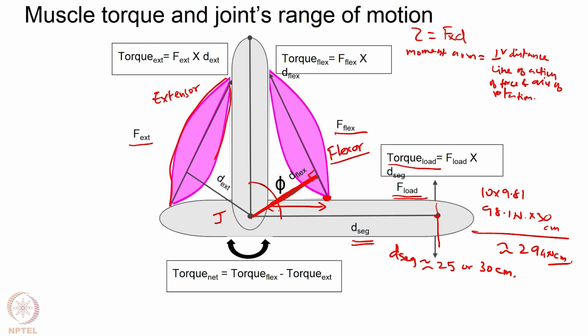That is one question that we will have to address in future classes, but for now we will assume that there is this d flex, and there is this d seg, or the moment arm of the load. D flex is the moment arm of the flexor, and the muscle force that is produced by the flexor is F flex, and the force that is produced by the load is basically F load.